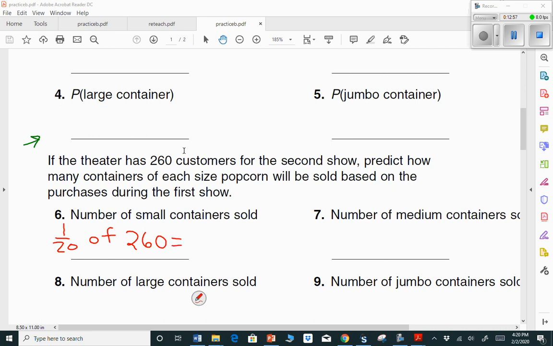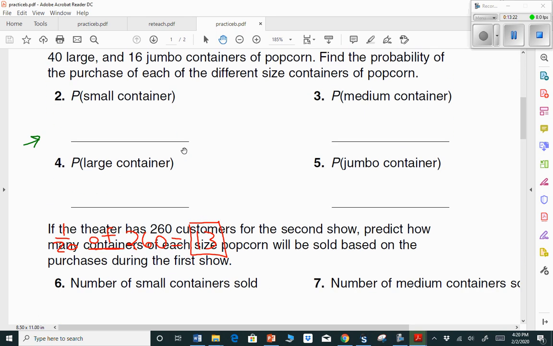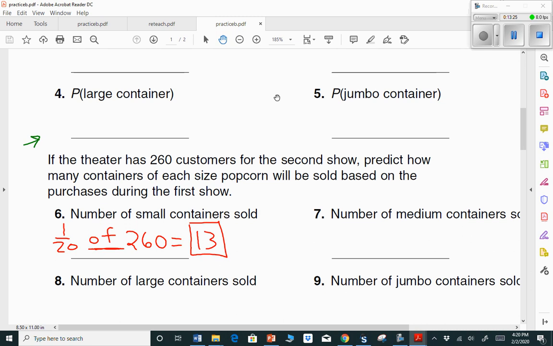So you can just use your calculator for that. You just put in 1 fraction key 20 times 260, and that equals 13. In math, of means times. Okay, so the medium containers, I believe that was 1/4. Let's look. The medium containers was 20 out of 80, which is 1/4. 1/4 of 260.